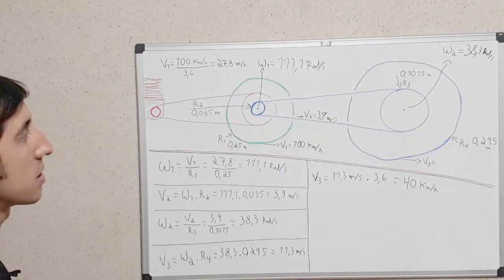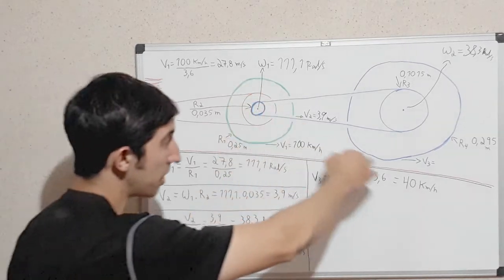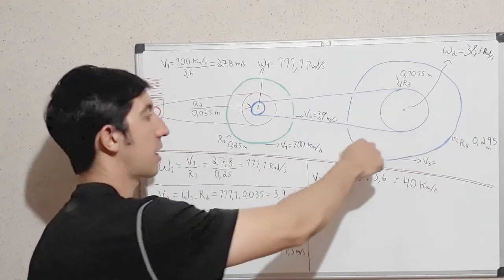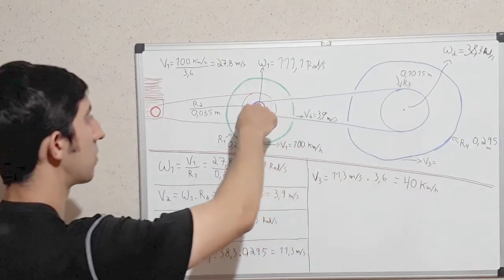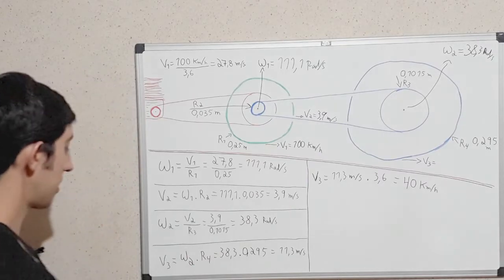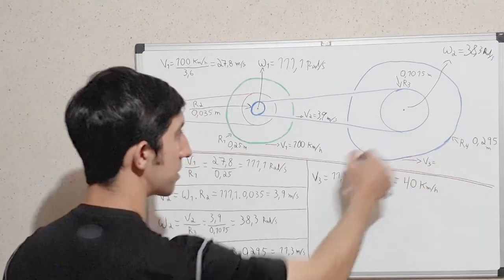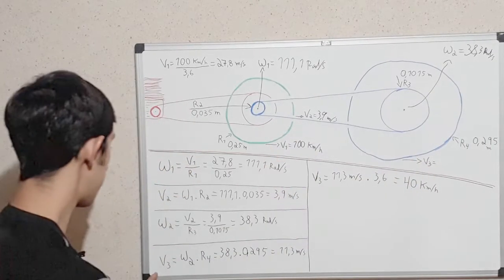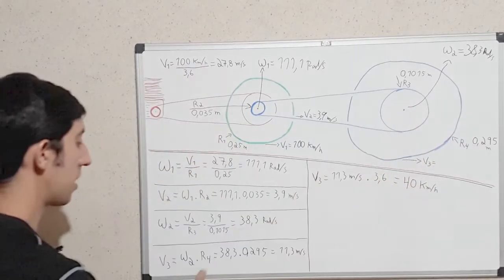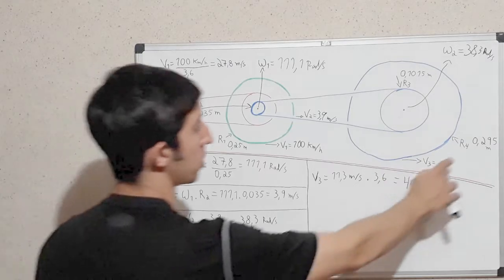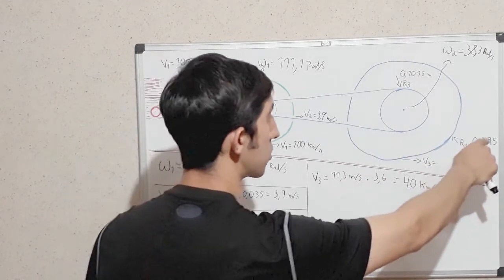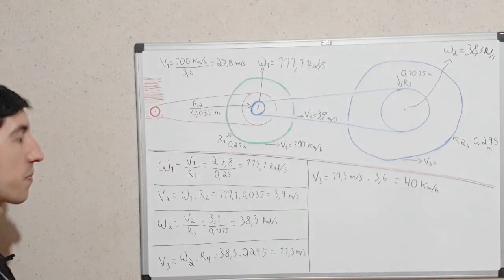Then, to calculate V3, which is the tire of the car, it's the same process as calculating V2. So V3 here, the speed of the tire, is omega 2 times R4, which is the radius of that tire, 0.295.